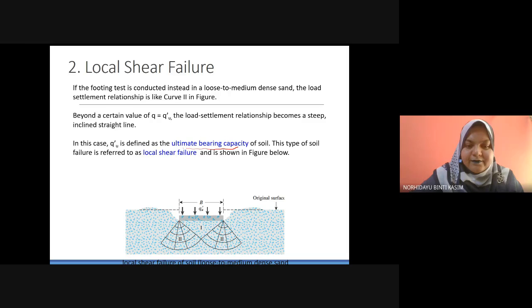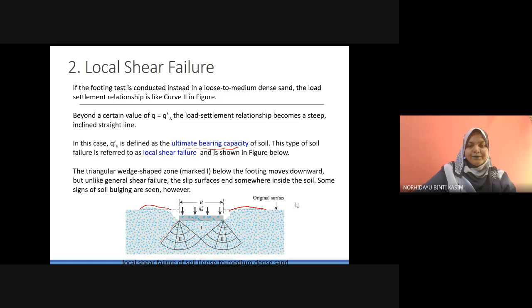So it means it's localized. If the structure undergoes local shear failure, you won't see the bulging, because it is localized under the structure and does not push the soil up. So you can call it a local shear failure.